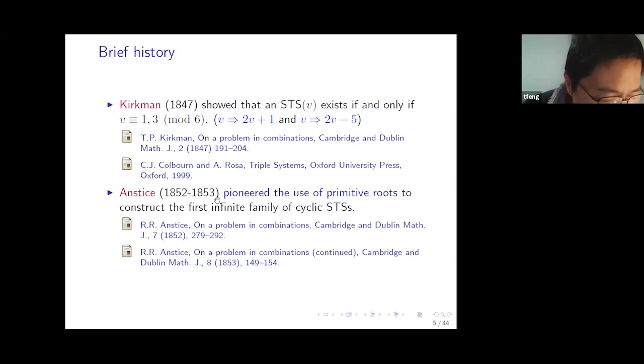He wanted to construct an STS(v) with additional algebraic structure. Of course, the simplest case is the existence of cyclic STS. So he constructed the first infinite families of cyclic Steiner triple systems, and he used primitive roots. So maybe he is the first one to use primitive roots to study designs.